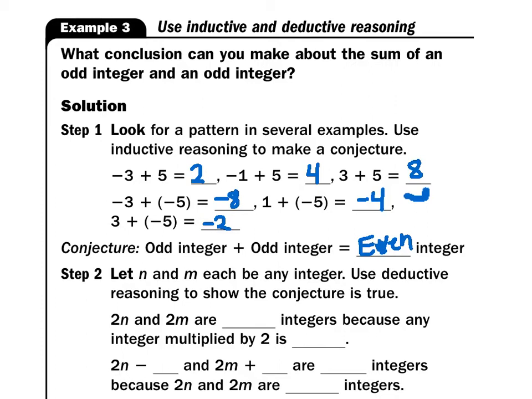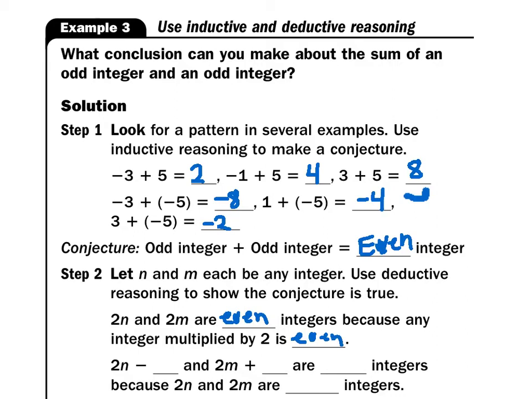Step 2. Let n and m be any integer. Use deductive reasoning to show that the conjecture is true. 2 times n and 2 times m are even integers because any integer multiplied by 2 is even. So I'm using facts to build this up. This is deductive reasoning.